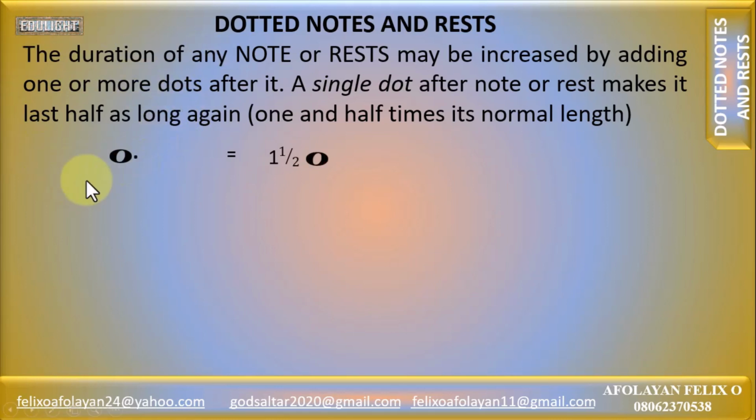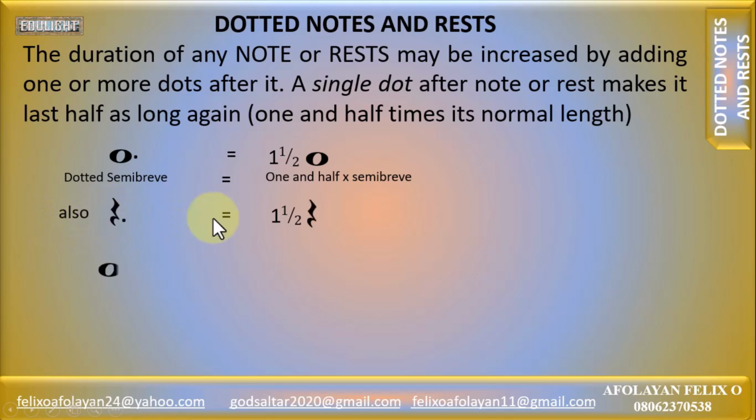Just as we are looking at this semibreve: a dotted semibreve is equal to 1.5 times the semibreve, so it raises the note by half. Look at the rest of crochet. Putting this again, it raises the rest by half a beat.